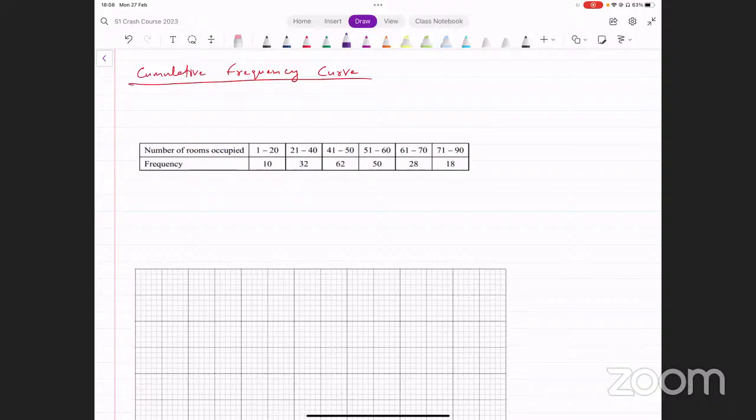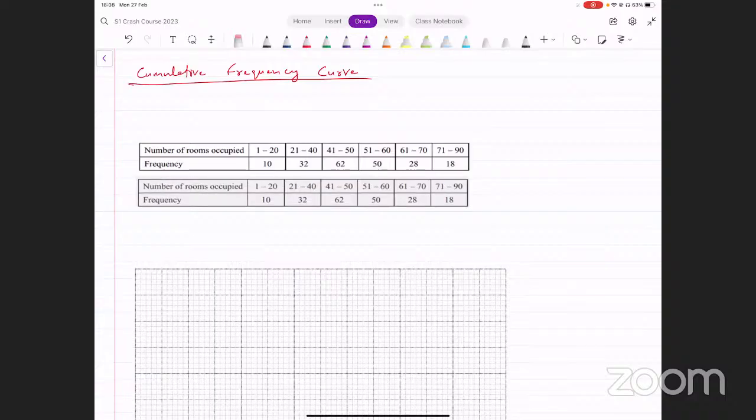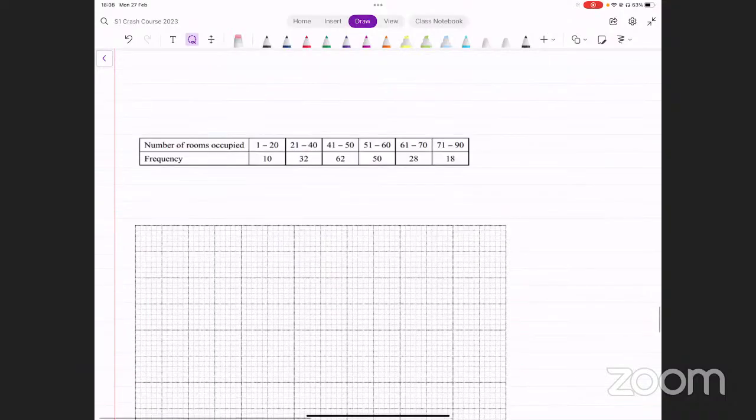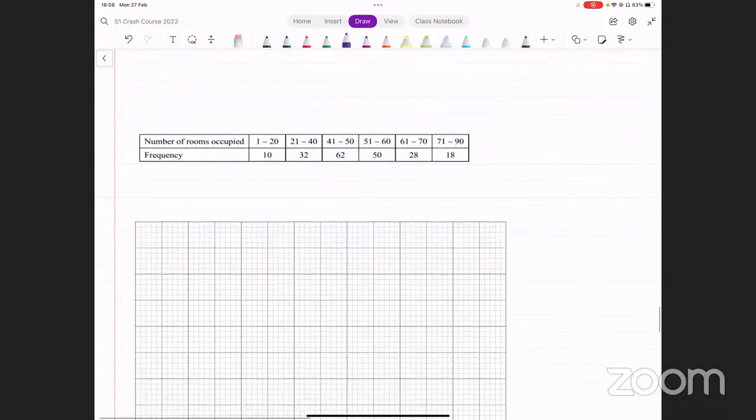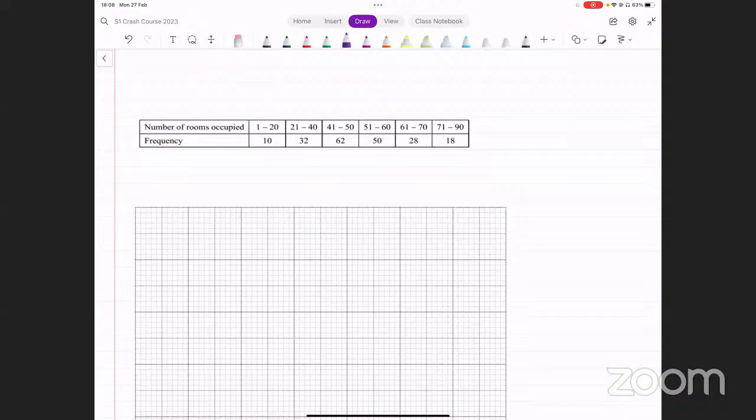Now, how do we draw this cumulative frequency curve? Let's think about this. So it's probably data about some hotel. And for that hotel, we know that the number of rooms occupied between 1 to 20 is 10.